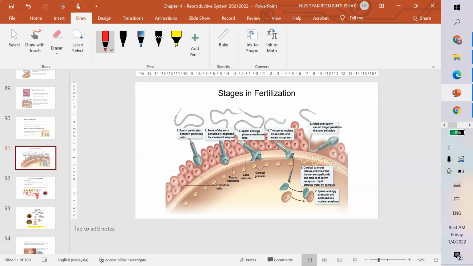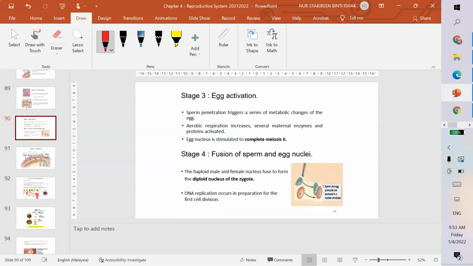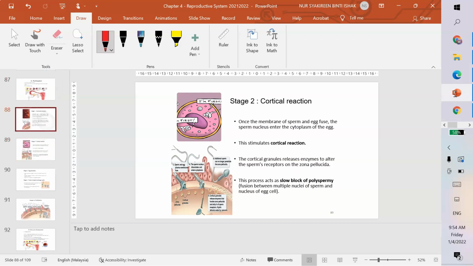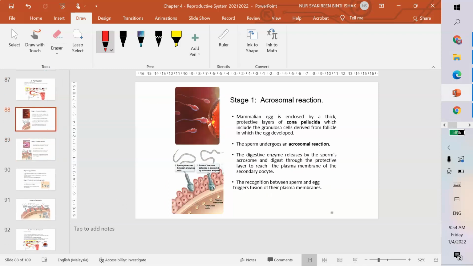Okay, acrosomal reaction. This slide here. So make sure you know, kan. So acrosomal reaction yang pertama, the head of the sperm will release enzyme to penetrate the granulosa cell. So this layer you have to know. So yang outside layer of the secondary oocyte, you have the granulosa cell.